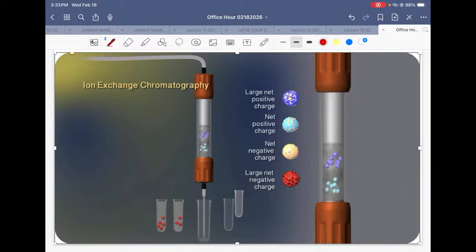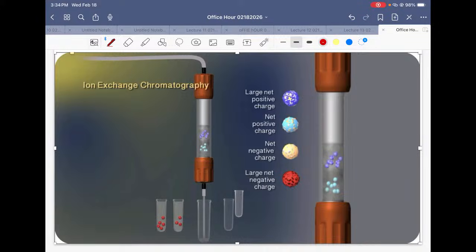In class I presented the animation to see in real time, and it was a case of chromatography. I gave this picture later in the exam, and I asked, what kind of chromatography is this?